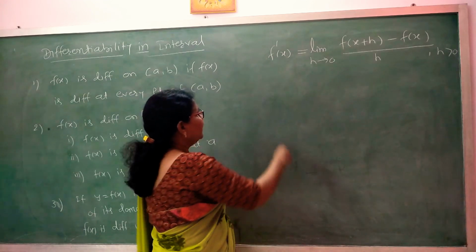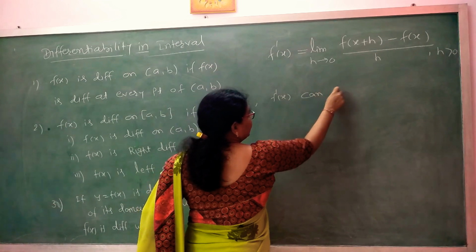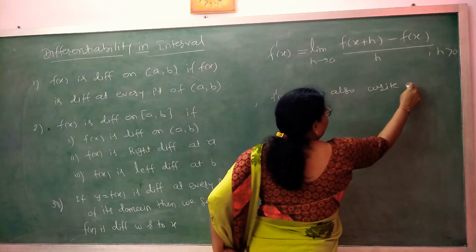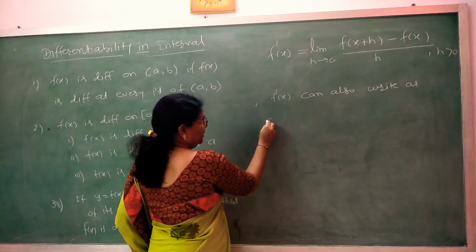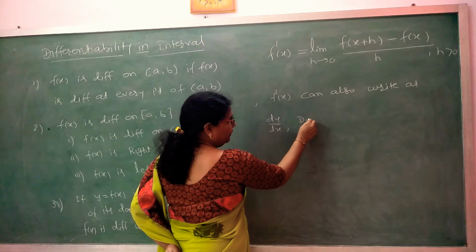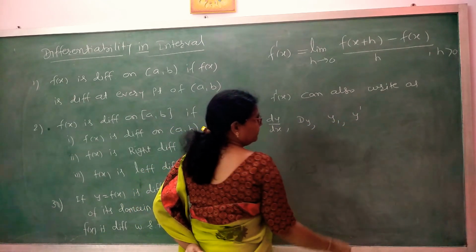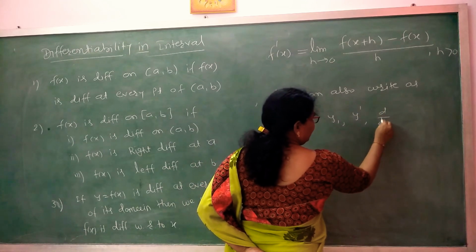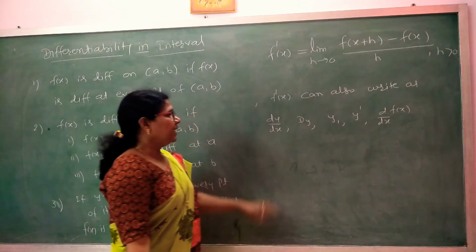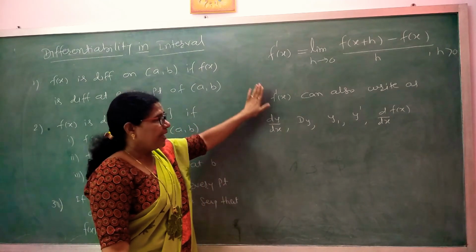Here, this f dash x can also be written as dy by dx, or y1, or y dash, or d by dx of f of x. Like this, we can represent the derivative of the function with respect to x.